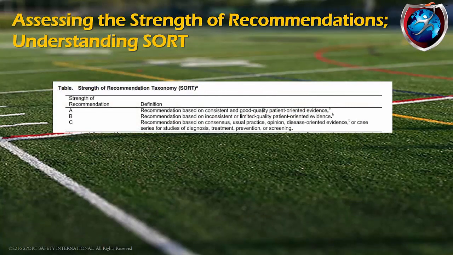Level B recommendations are based on inconsistent or limited quality patient-oriented evidence. Level C recommendations are based on consensus, usually practice, opinion, disease-oriented evidence, or case series for studies of diagnosis, treatment, prevention, or screening.